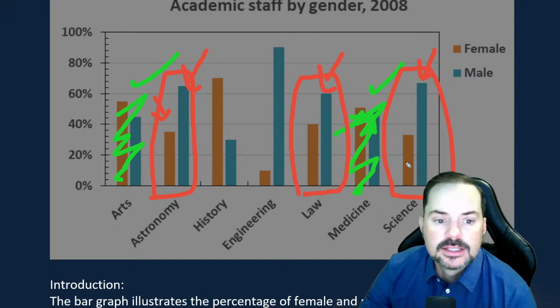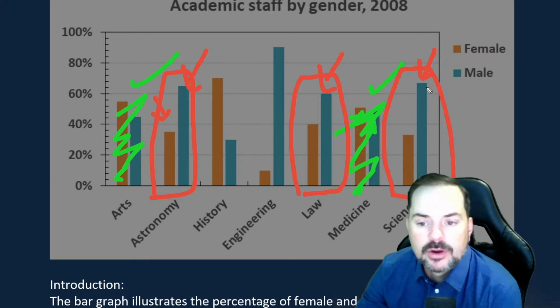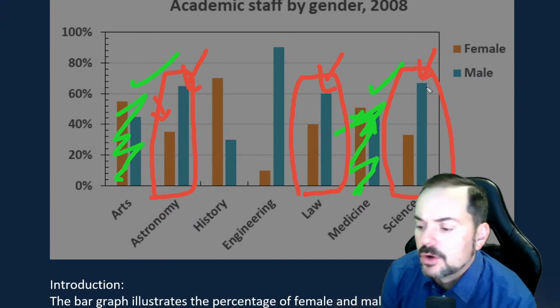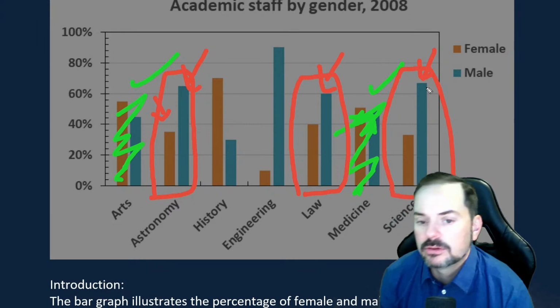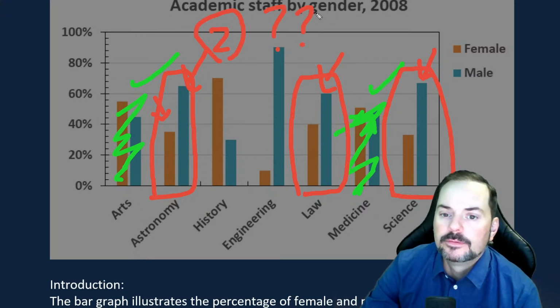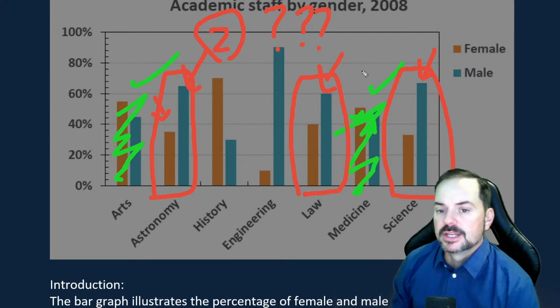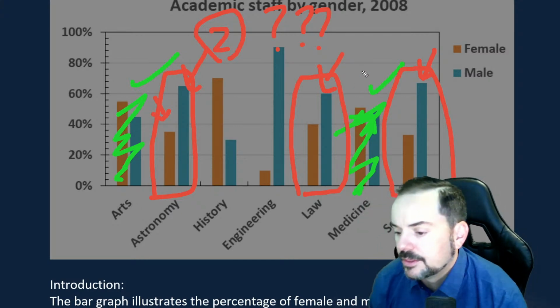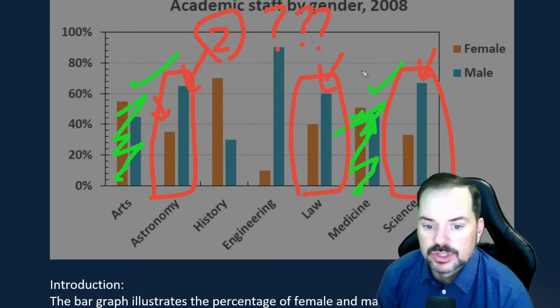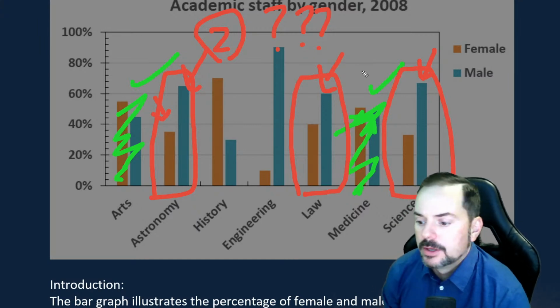In science, women are at 35% and men are at 65%. So do I want to write all of those percentages now for my second point? Should I be writing all of these specific percentages for these three comparisons, astronomy, law, and science?